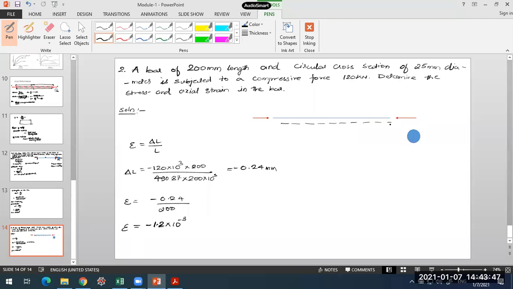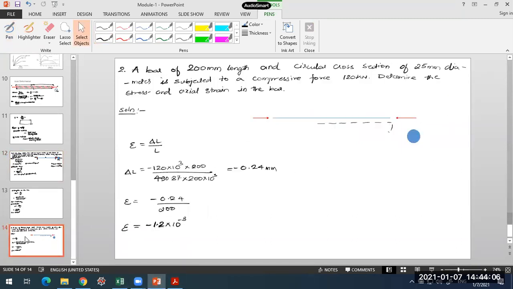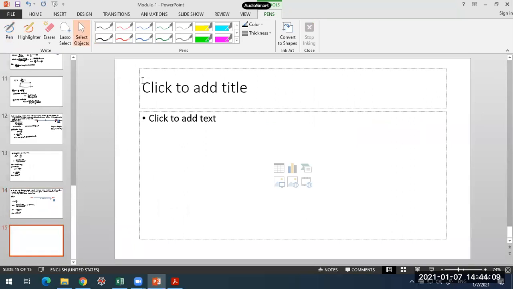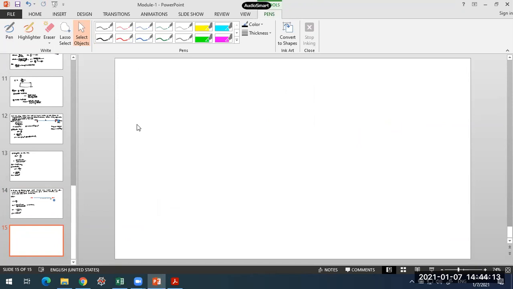So it is a reduction, just to indicate that the length is reducing. From 200, the final length is 200 minus 0.24. Even the strain, I have taken to be negative, just to indicate that it is compressive in nature.